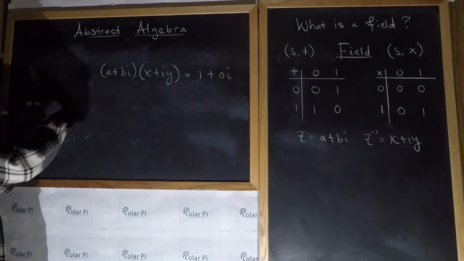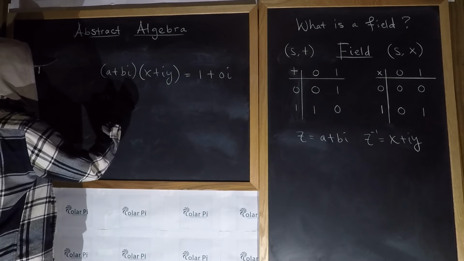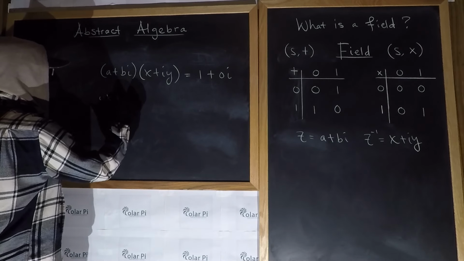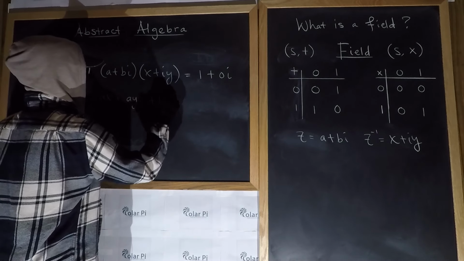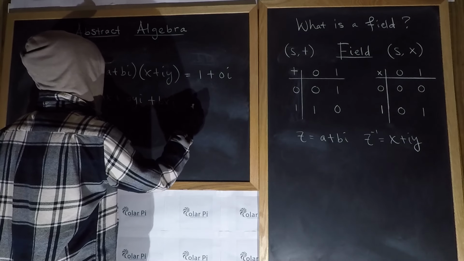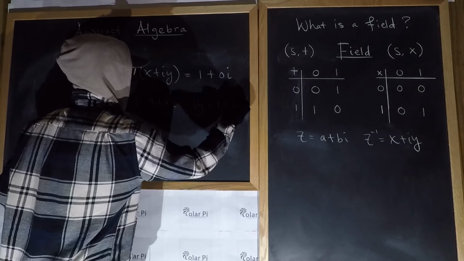Now, if you do the multiplication, you get ax plus ayi, and then plus bxi, and then minus by equals 1 plus 0i.